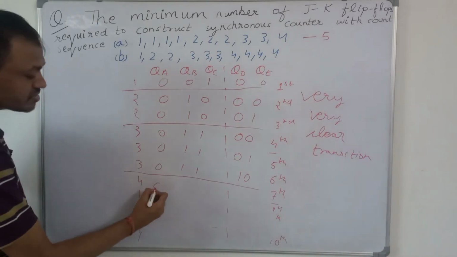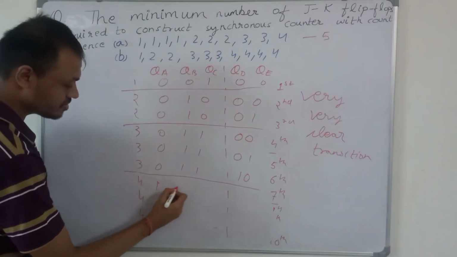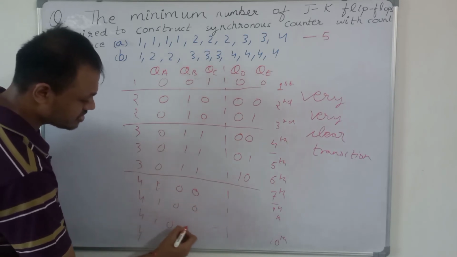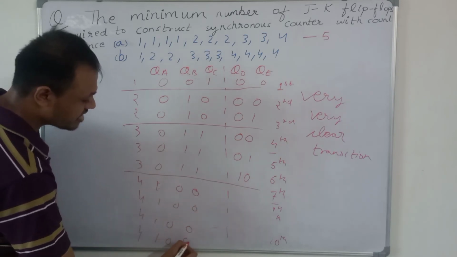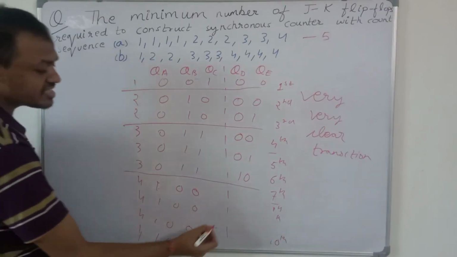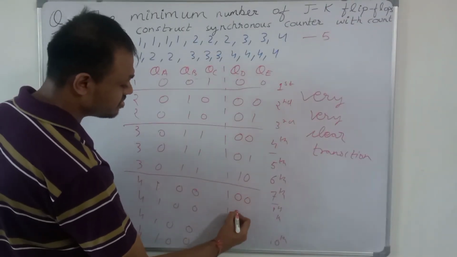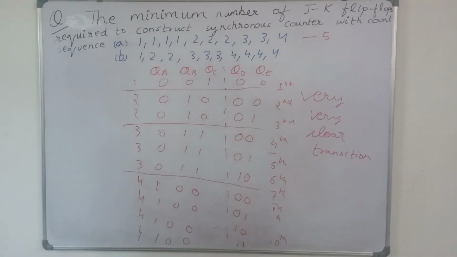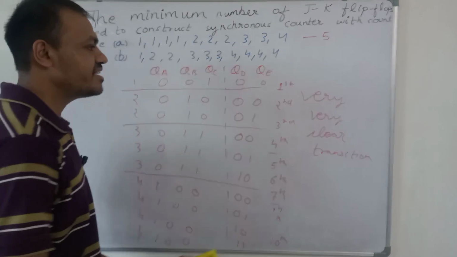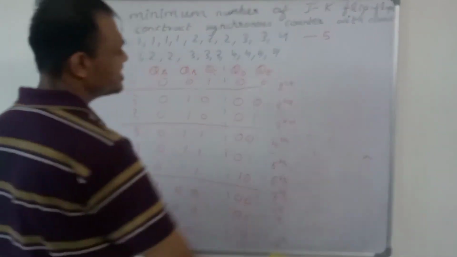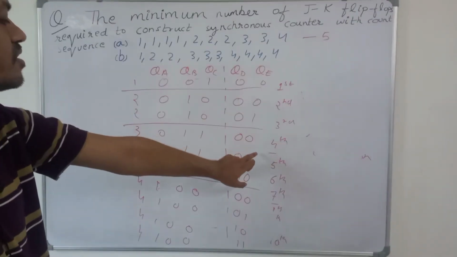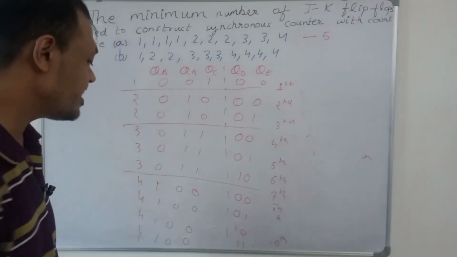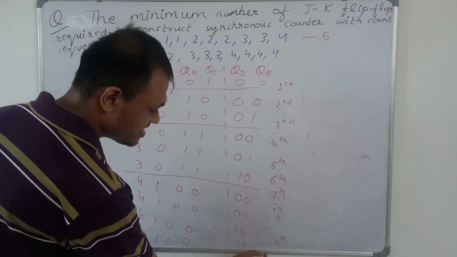Then for 4 we use 1 0 0 four times. Then for differentiating between these four states we use the two additional states 0 0, 0 1, 1 0 and 1 1. Now the state transition is very clearly defined. This is the first, second, third, fourth, fifth, sixth, seventh, eighth, ninth, and finally the 10th state.